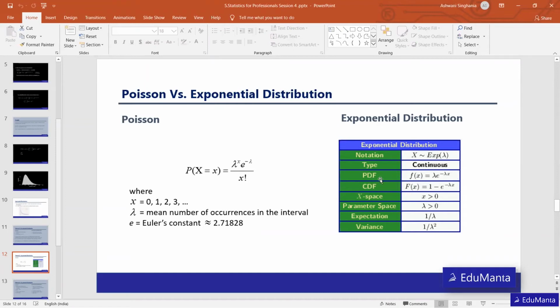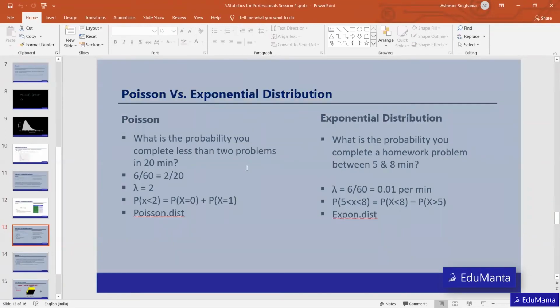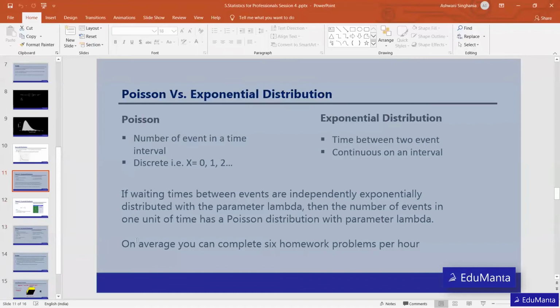So this is for the PDF, that is the probability density function, and the CDF can also be applied because this is a continuous function.